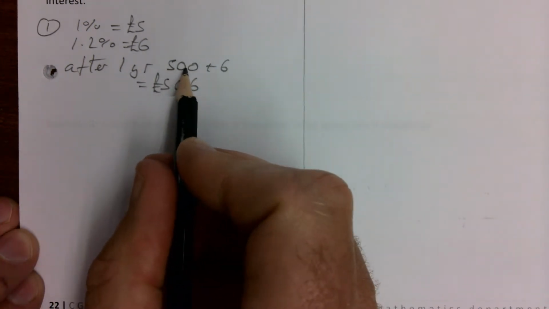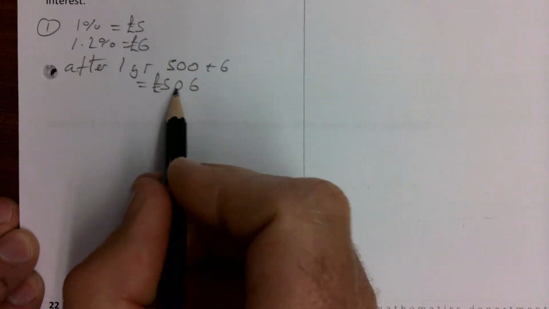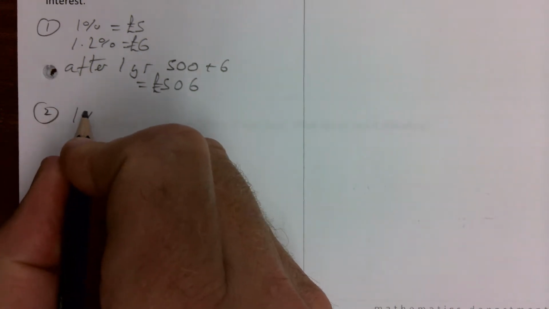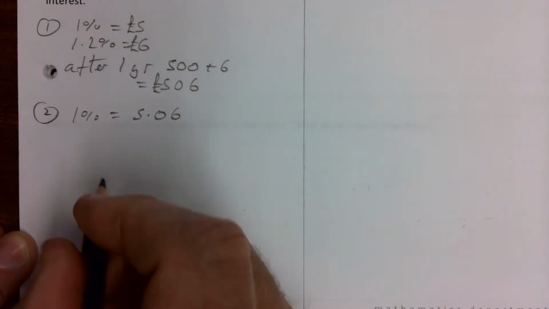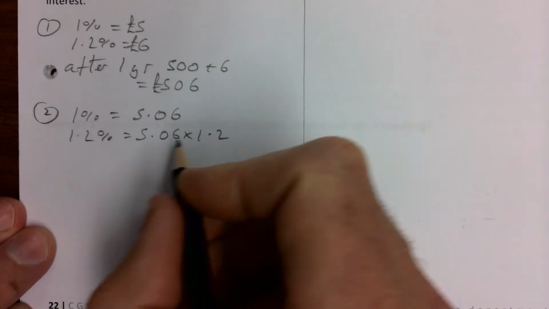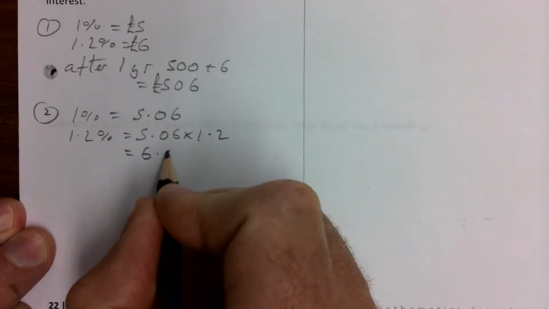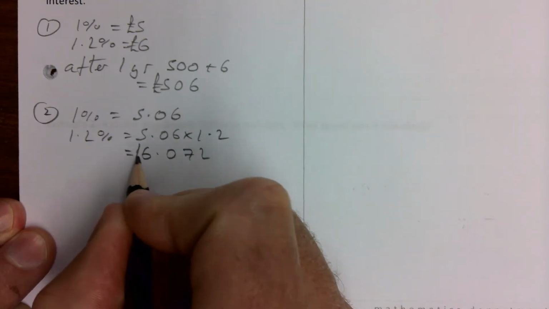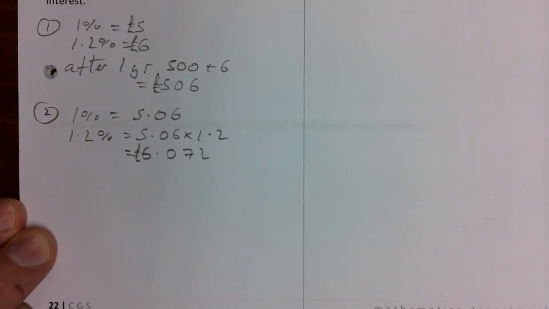We now do the second year. Instead of using the 500 to find the 1.2%, we use the 506 because that's how much is now in the account. 1% is equal to £5.06. 1.2% is going to be 5.06 times 1.2, and that's going to be £6.072.